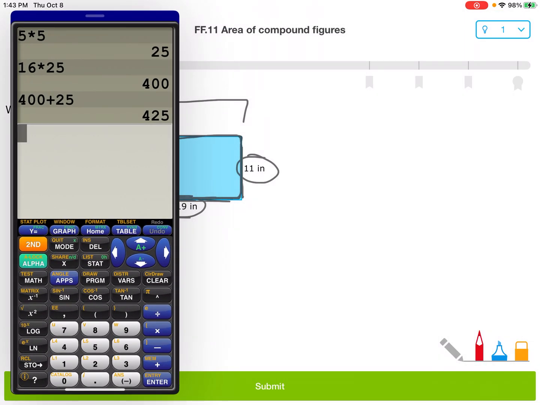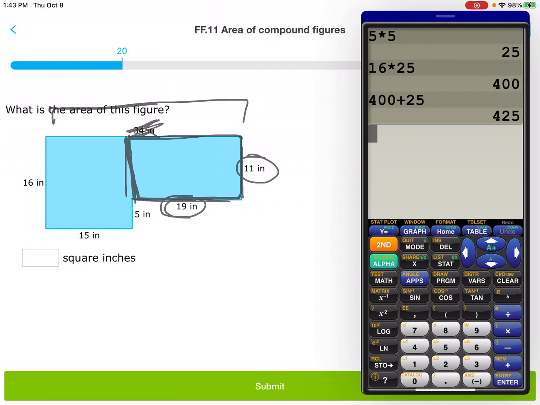Second, when I make my next rectangle, I'll outline it in red. I don't want to use this 5 because that 5 only represents this little tiny piece. That's not the whole length and width. I want to use 16 and I want to use 15.